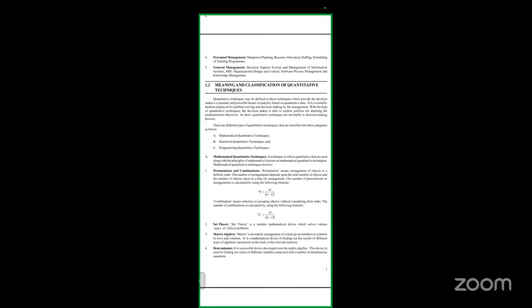Then personnel management: manpower planning, resource allocation and staffing, scheduling of training programs. General management: decision support system, management information system (MIS), organizational design and control, software processing, and knowledge management.